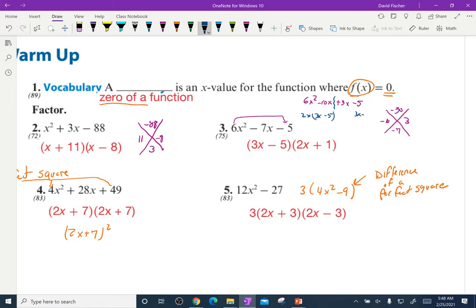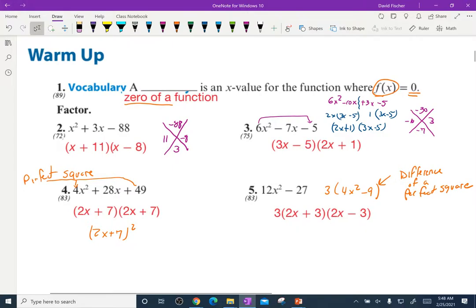Automatically write 3x minus 5 over here. And what times 3x gives me 3x? 1, and it gives me 5. Where did I mess up here? Oh yeah, 2x plus 1 is one of my factors. I didn't mess up. And 3x minus 5 is my other one. It doesn't matter the order of the factors there, okay?